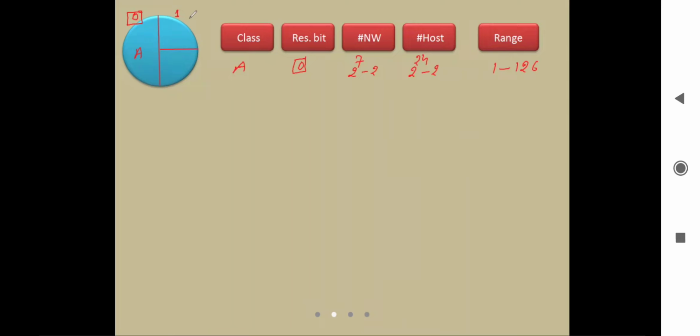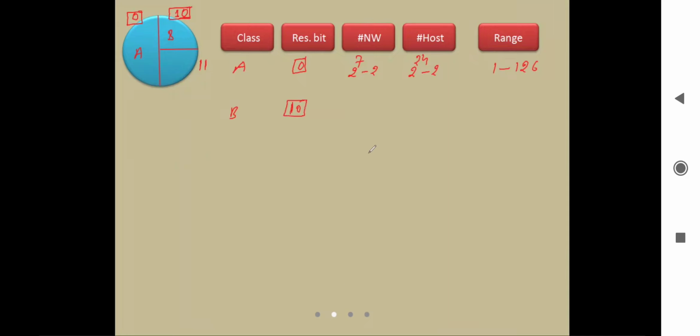So with the help of 1 bit we can make two partitions. Here it is 0 and here it is 1, right? So here it is 1 1, and this partition is given to class B. In case of class B, the reserved bit is 1 0.